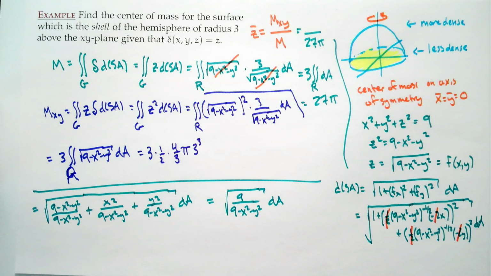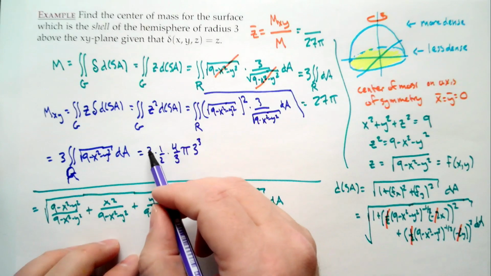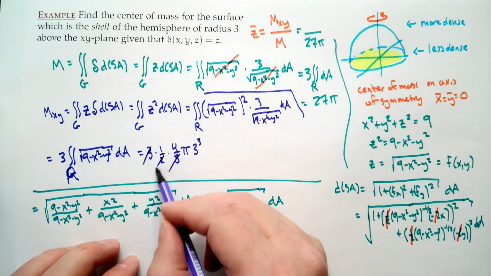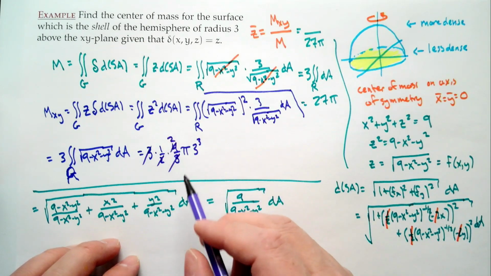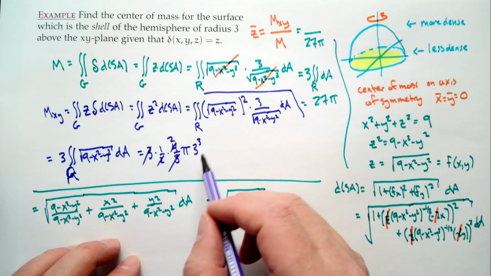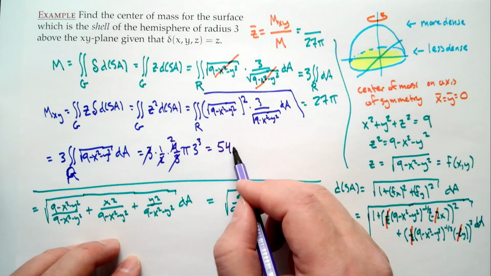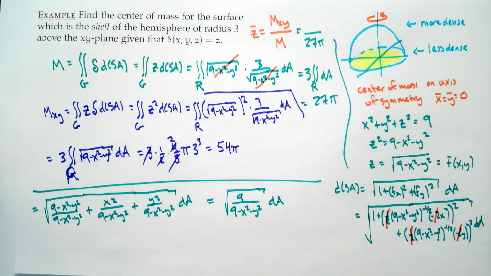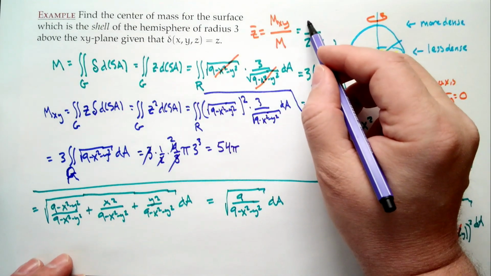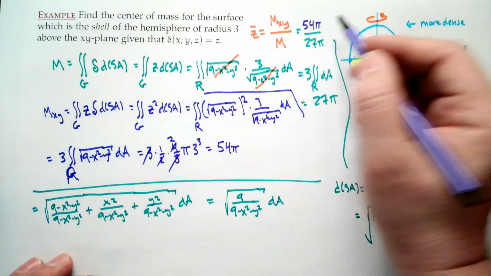So what does that tell us? Well, it tells us we can cancel off some 3's here. 2 goes into 4. And then what are we left with? Well, 2 times 3 cubed would give us 54 pi. So that's what we get. So that's our numerator.